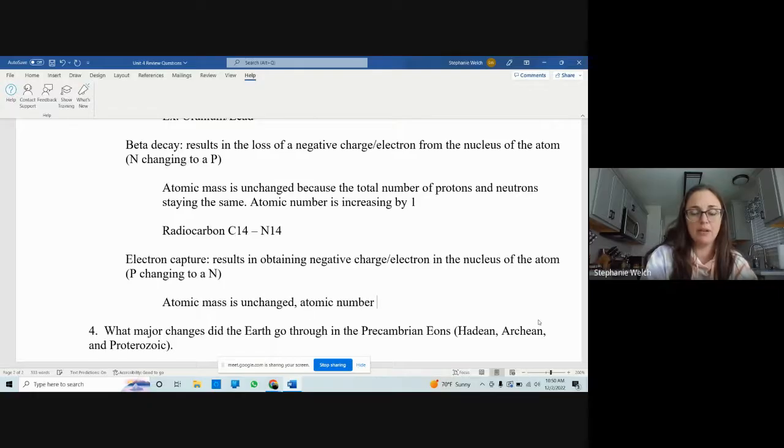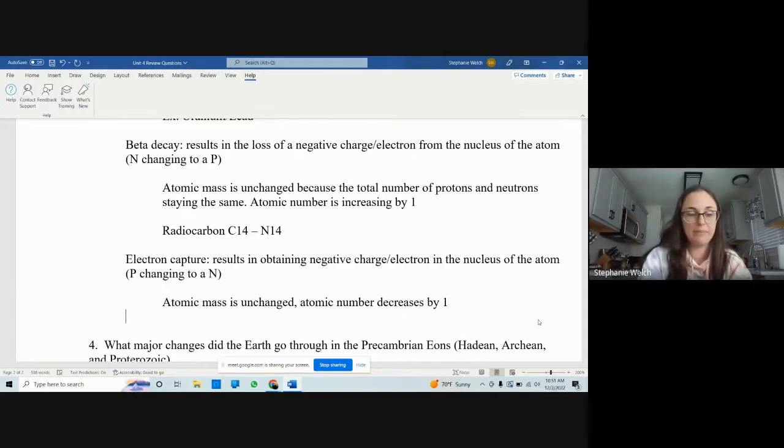Atomic number decreases by 1. So potassium argon dating is usually cited as a pretty good example of electron capture.